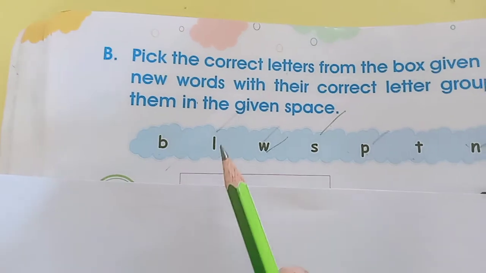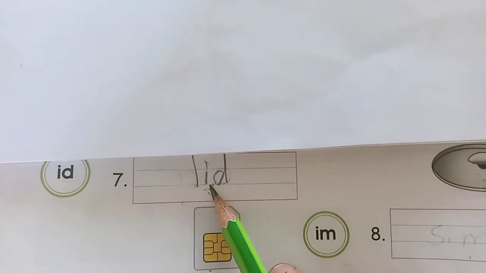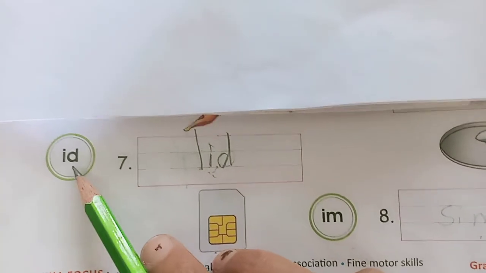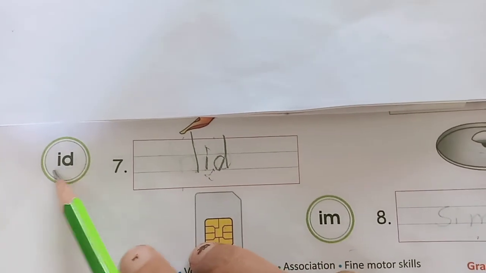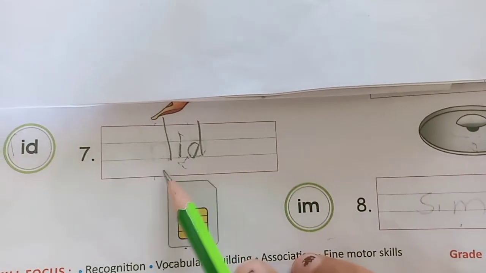Okay. Now dear kids, which picture is this, beta? This is lid. So you have to select L and write here LID, lid. Before ID you have to add L. So we will get LID, lid.